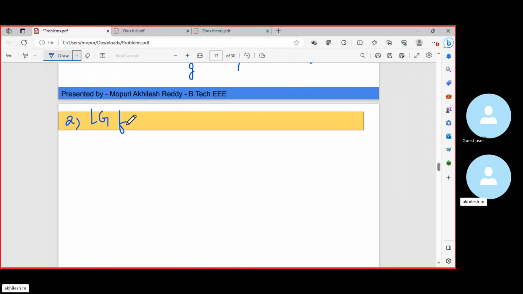So when we come to LG fault, we need to revise the equations to solve the fault current.